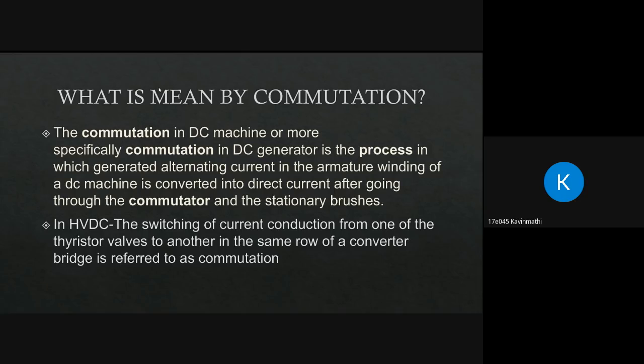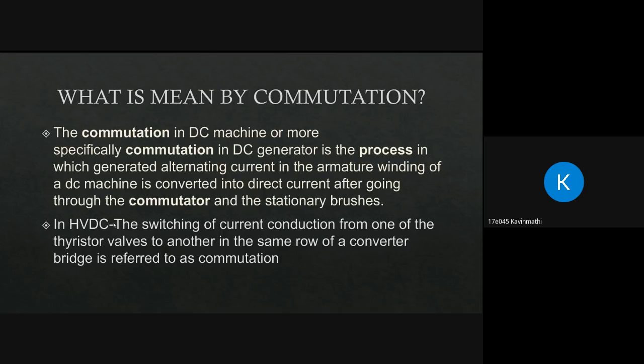In a DC generator, the generated output is an alternating current only, so we need to convert that into a direct current. We use a split ring to convert this alternating current. The process of converting alternating current into direct current using the commutator is called the commutation process in DC machines. But in HVDC, it is somewhat different.